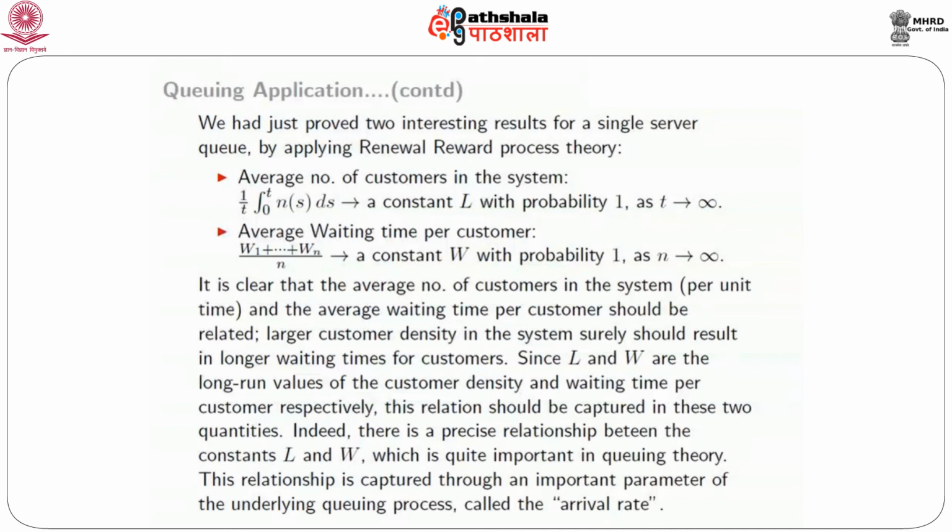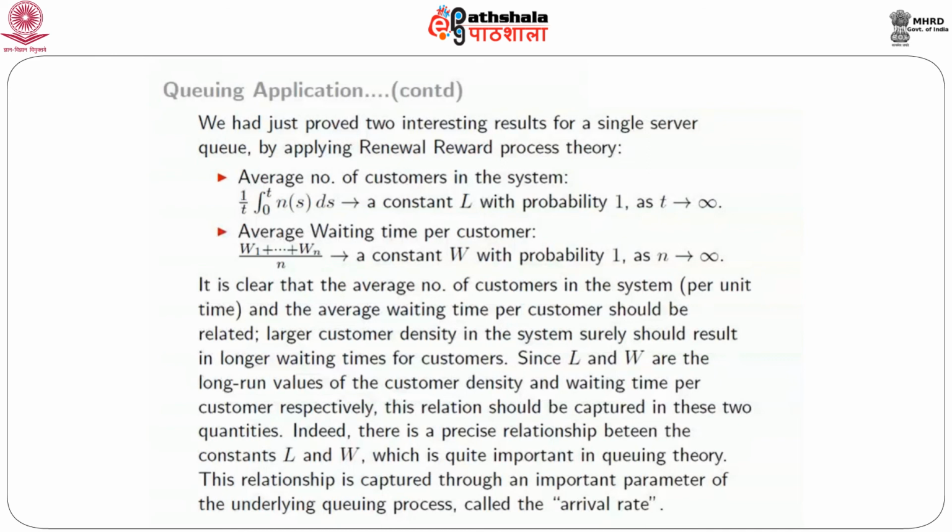It is clear that the average number of customers in the system per unit time and the average waiting time per customer should be related. Intuitively, if the average number of customers in the system is large, each customer would have to wait for a longer period.